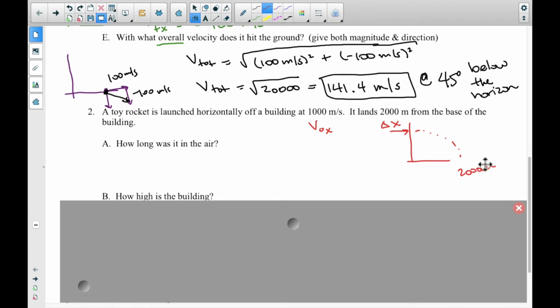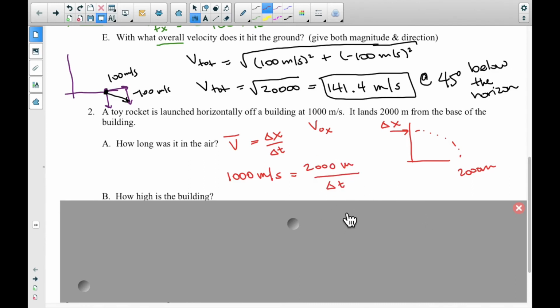We want it because we've got that distance over here. So I'm going to go back to our basic velocity equation. Average velocity is change in x over change in time, because our x direction velocity never changes. So our x direction velocity is always 1,000 meters per second. And we know that the change in x is 2,000 meters, and time is what we're looking for.